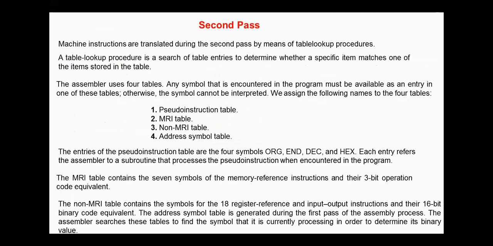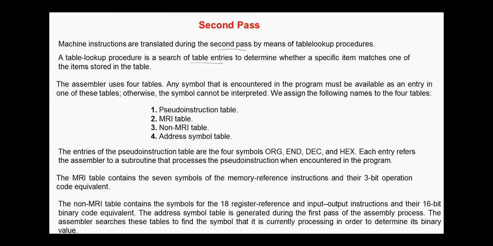Machine instructions are translated during the second pass by means of table lookup procedures. A table lookup procedure is a search of table entries to determine whether a specific item matches one of the items stored in the table.